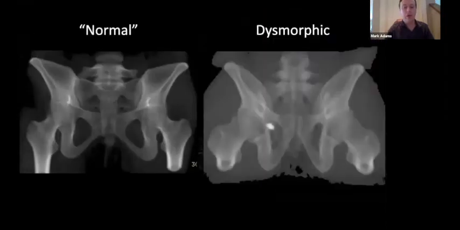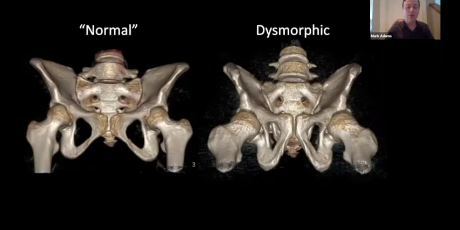It is important to distinguish the dysmorphic sacrum from the normal sacrum and review some of the radiographic features of dysmorphism. The bottom line creating this distinction is that a transsacral screw is possible in the normal sacrum, but not in the dysmorphic. You'll notice that the dysmorphic sacrum has this acute alar slope when compared to the normal sacrum.